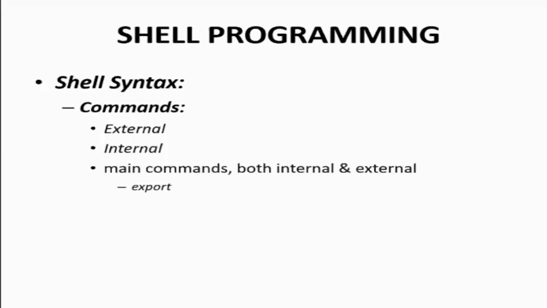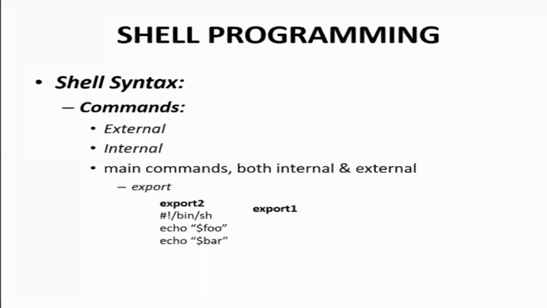And I will give a small example regarding the export command, where I have two files called export1 and export2. Now I will write the code for export2, which contains an echo statement: I want to print the $foo value, and echo the $bar value.